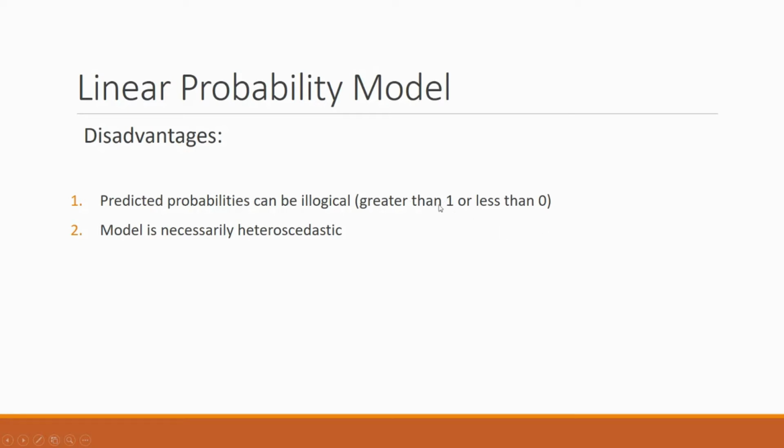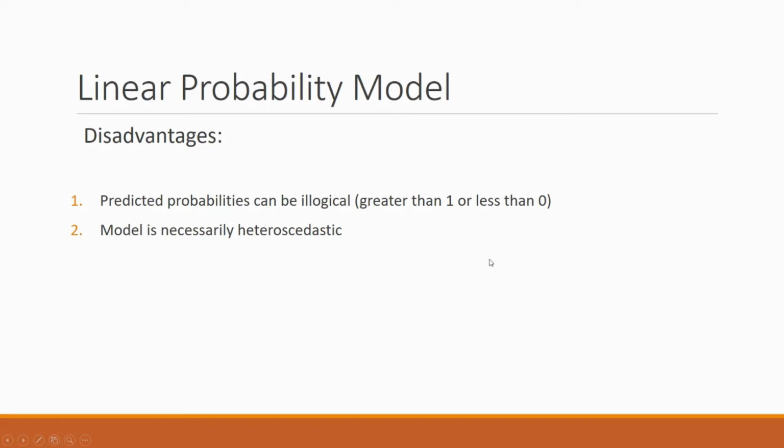And probabilities cannot be greater than 1 or less than 0. So this creates a logical problem: these results wouldn't make sense. If we needed a model that generates logical probabilities, meaning probabilities between 0 and 1, then we would need to use a different approach.